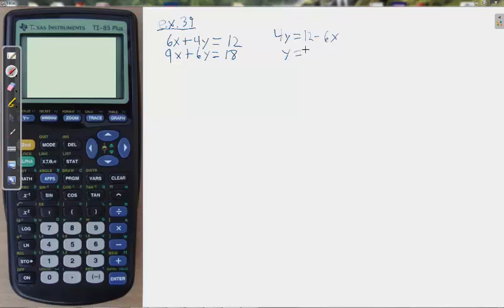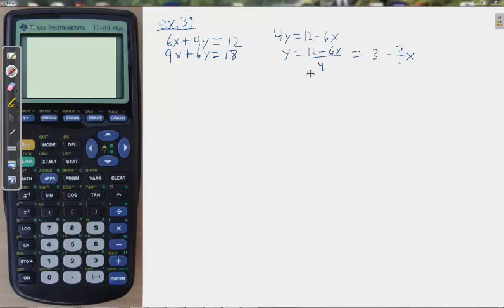So y equal 12 minus 6x over 4, which would be 12 divided by 4 is 3. 6 over 4 I could reduce to 3 halves x.